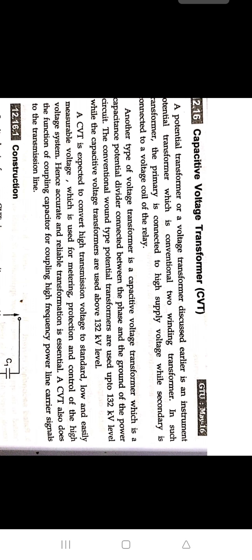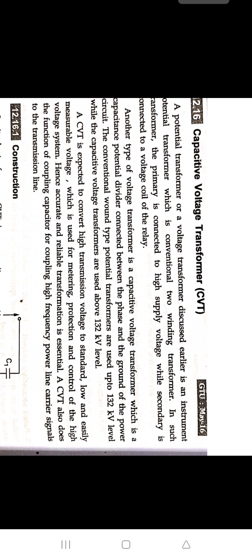Okay. Now the second one is CVT, capacitive voltage transformer. In a conventional transformer there are two windings, where the primary is connected to high supply voltage and the secondary is connected to a voltage coil of the relay.